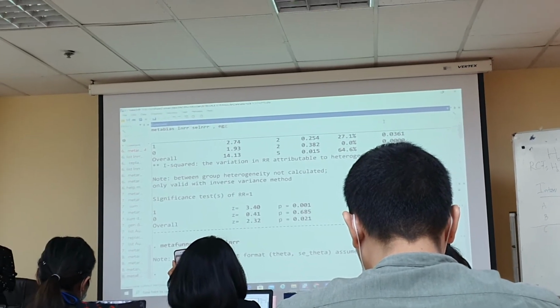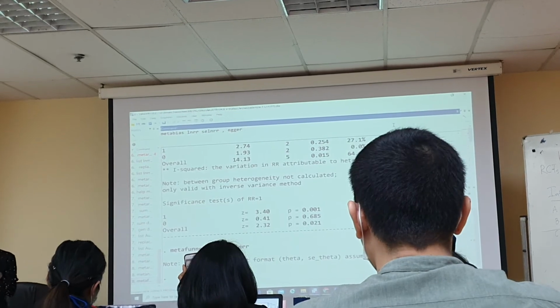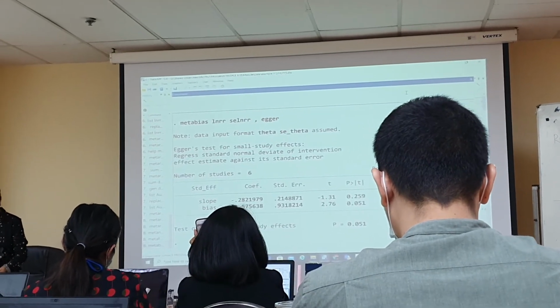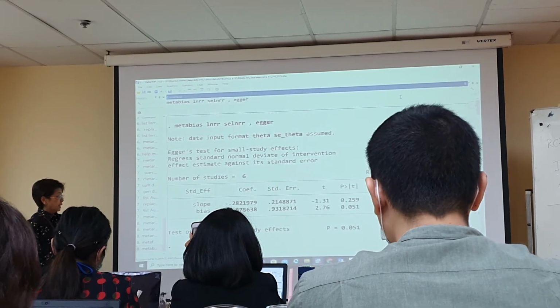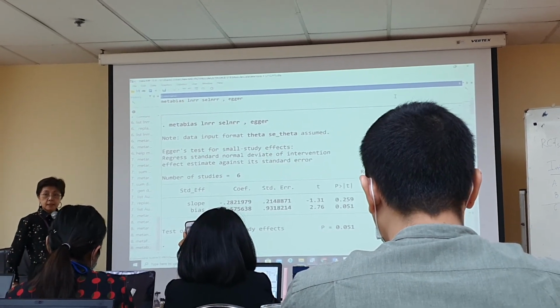Okay, and also these two studies had low quality and very high standard error compared to the rest, so there might be a small study effect. Tell it that we need the Egger test and then enter. Okay?